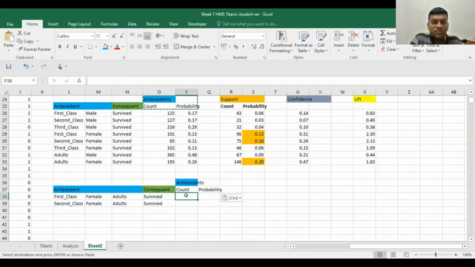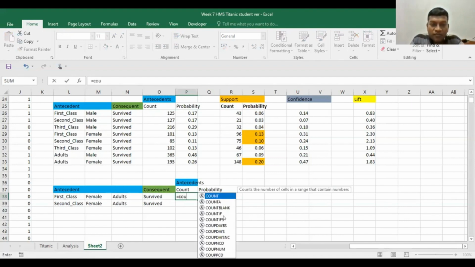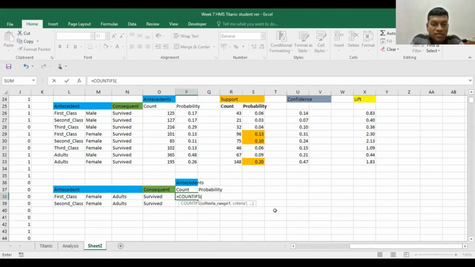All these 3 criteria should be satisfied, which is COUNTIFS, criteria range indirect.